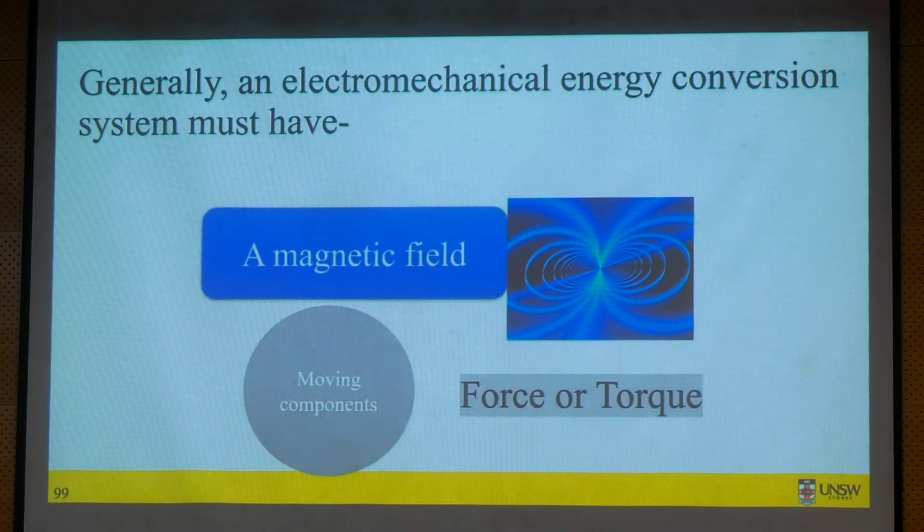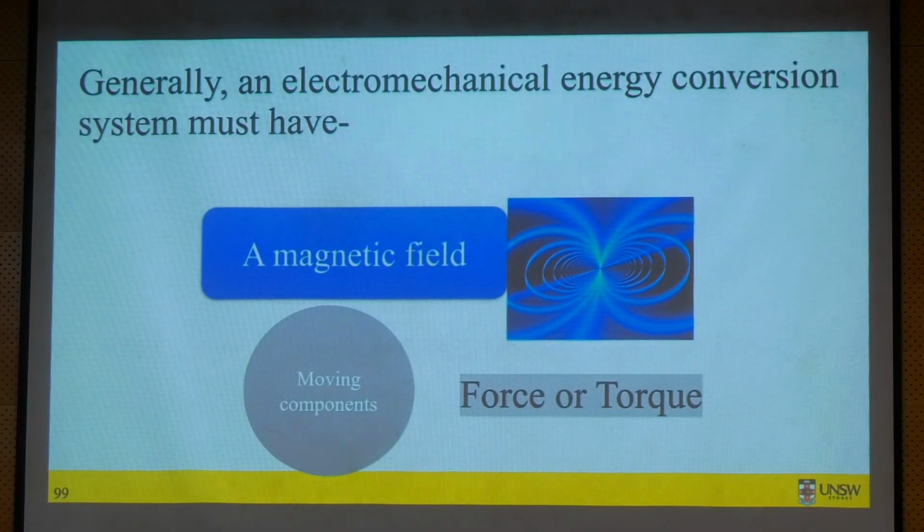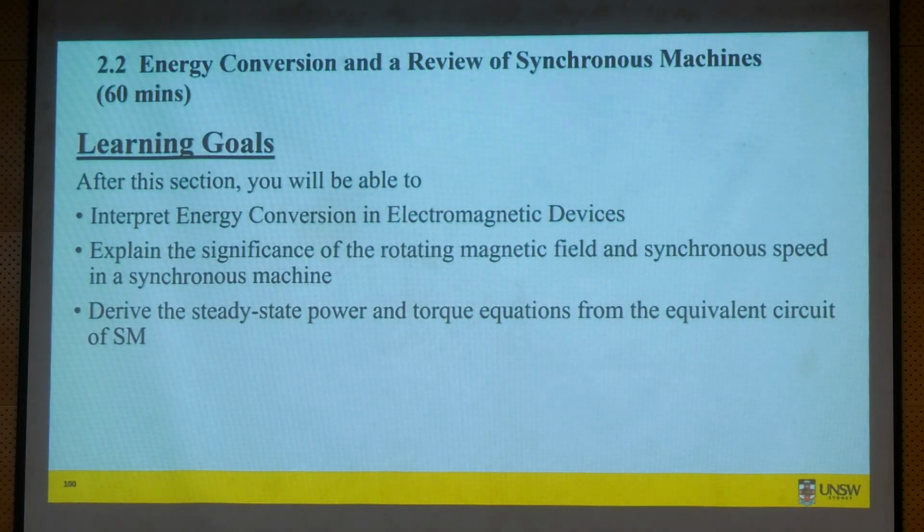How does the energy conversion happen from electrical to mechanical? Always through coupling of a magnetic field, right? You must have a magnetic field. You must have some kind of moving component, which tells us that there is mechanical energy converted from electrical. So these are our learning goals for the next few slides.